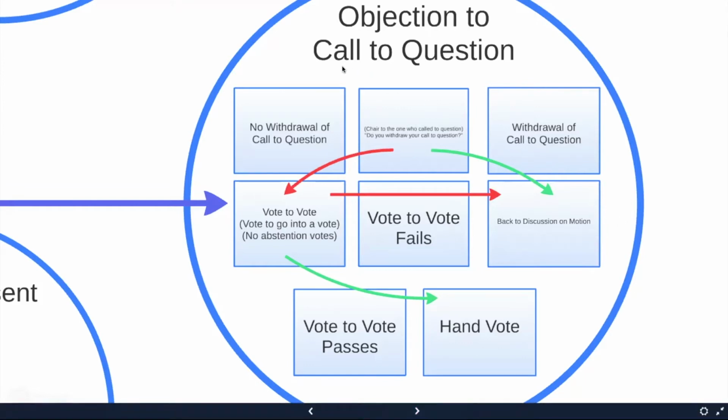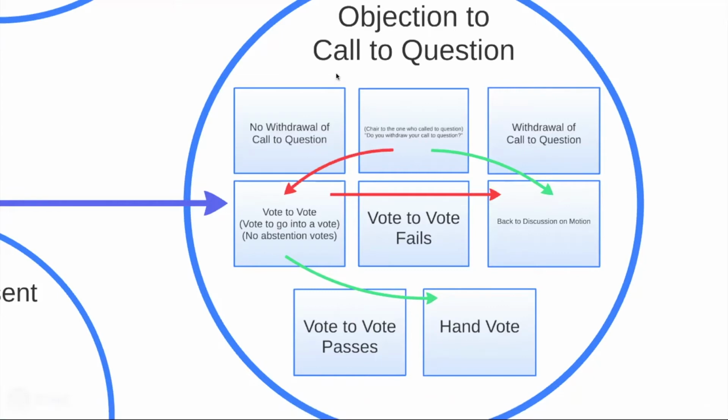If the person who called the question disagrees and there is no withdrawal, you will see we go to the red arrow on the left. So how is this resolved? Because we now have a conflict. There's a person who doesn't want the committee to take a vote on the motion, and there is a person who does, the person that called the question. The tool that we utilize to resolve that is called a vote to vote.